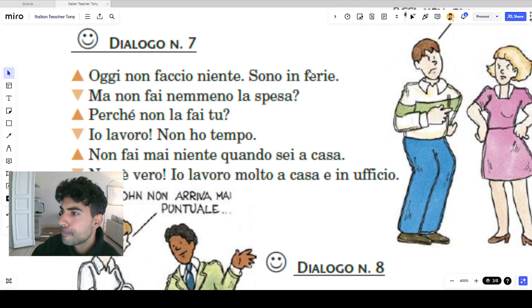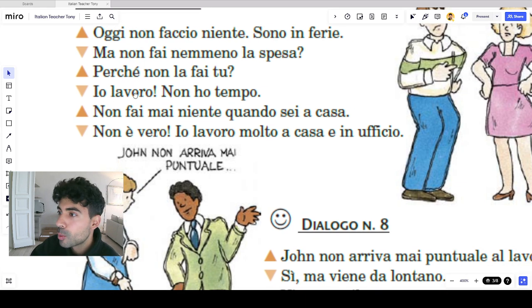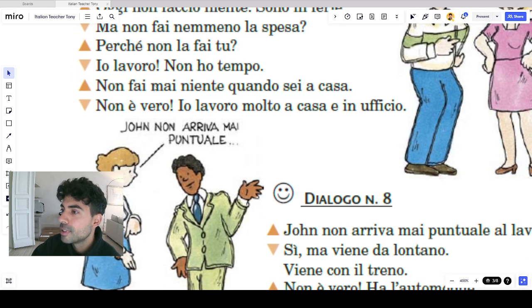Sono in ferie. I am on holiday. Ma non fai nemmeno la spesa, but you don't even do grocery. La spesa, grocery. Perché non la fai tu? Why don't you do it? Io lavoro, I work. Non ho tempo, I do not have time. Non fai mai niente quando sei a casa.